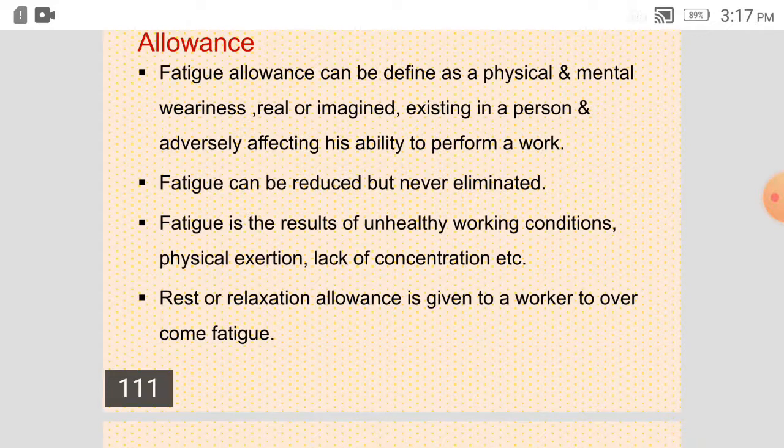So fatigue is the result of unhealthy working conditions. It depends on what conditions, what environment he is working in.